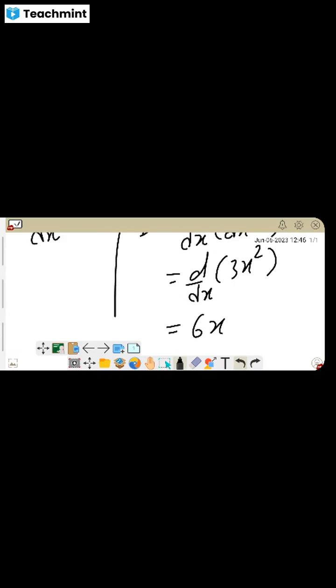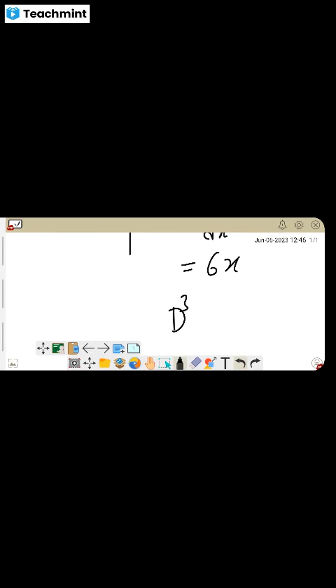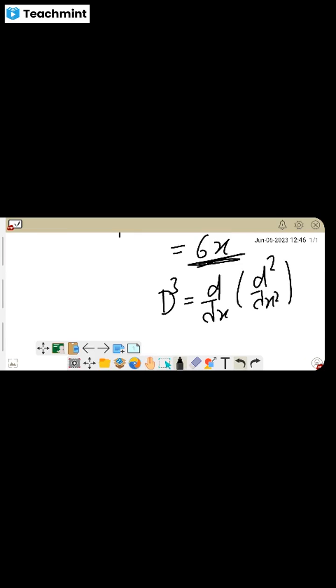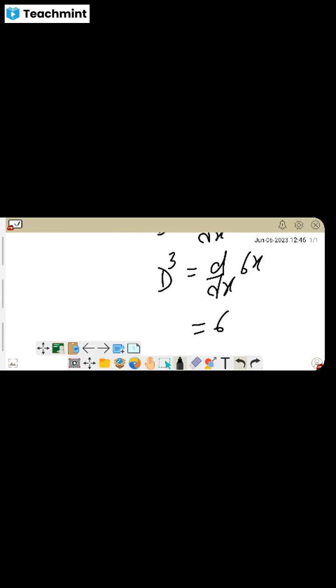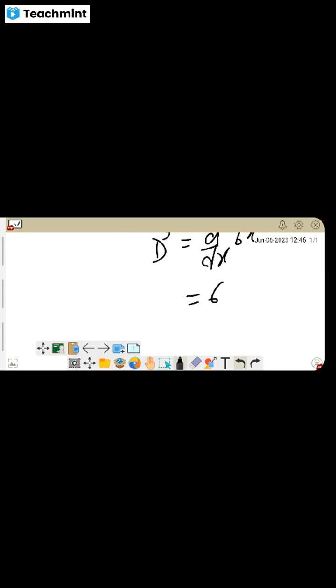If we have d cube, then we need to write d cube over dx cube. So now let us differentiate again to find d cube. It will become d upon dx of 6x, which is 6. Are you getting this point? Ma'am, you've written d raised to 4, right?